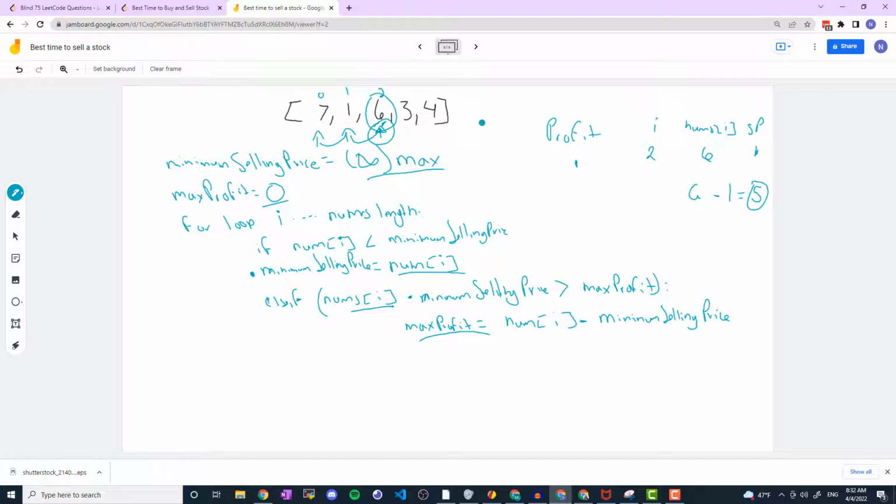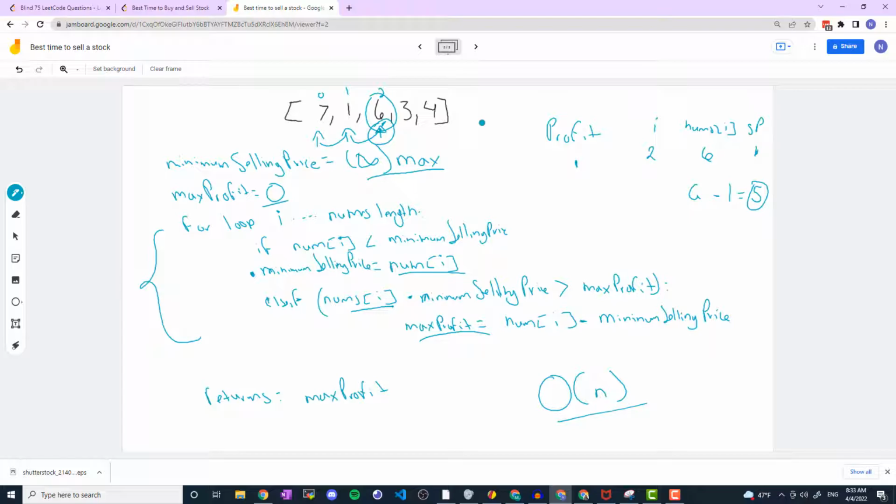At the end of the iteration, we have analyzed all the numbers, all the trading days, and we have to return max profit. The difference of this approach and the brute force approach is that because we are initializing max profit to be a value of 0, we don't have to make the comparison for when our return is negative, because we are also keeping track of the minimum selling price and the maximum profit at a single pass. So in here we only have one iteration, so this allows us to have a big O complexity of n.